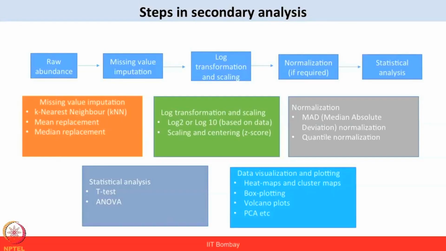So, we need to perform t-test or ANOVA test or regression analysis. These things will be covered in this lecture, and finally comes data visualization and plotting. In data visualization and plotting, we can draw heat maps or cluster maps, box plots, volcano plots, etc. So, this is the overview of the secondary analysis that we are going to talk about.